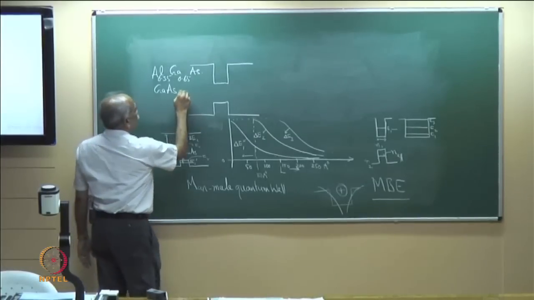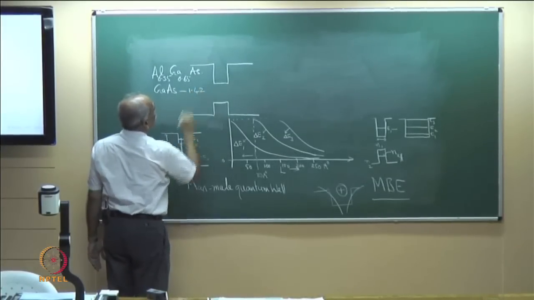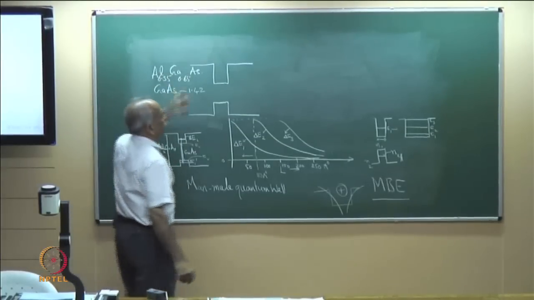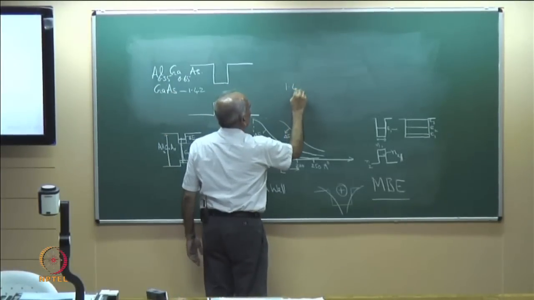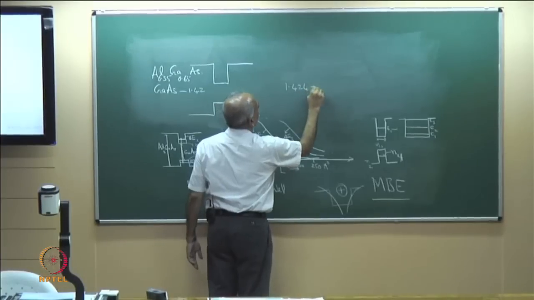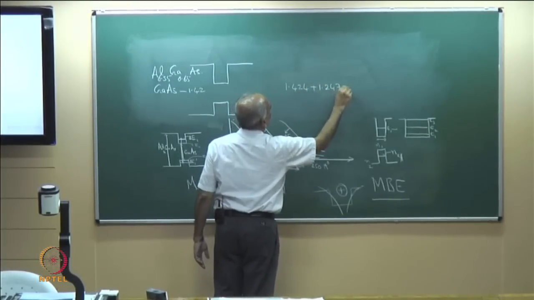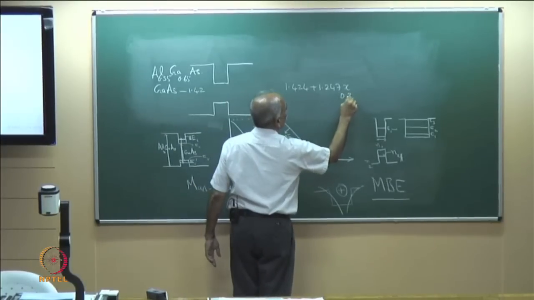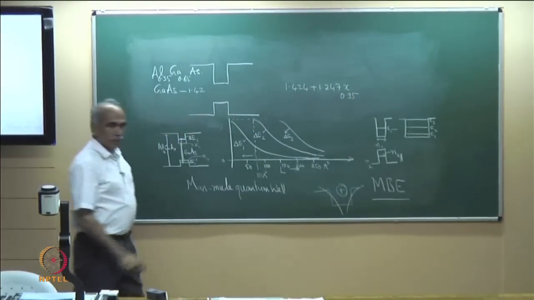Gallium arsenide is 1.42 eV, and for aluminum gallium arsenide you can calculate Eg as 1.424 plus 1.247 times x, where x is 0.35. You can substitute the numbers.